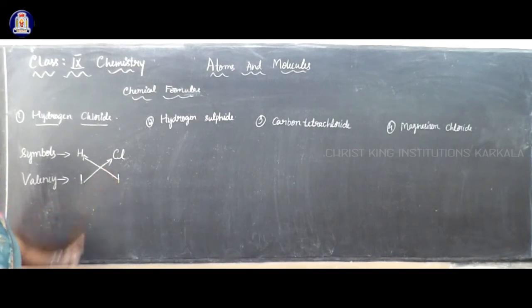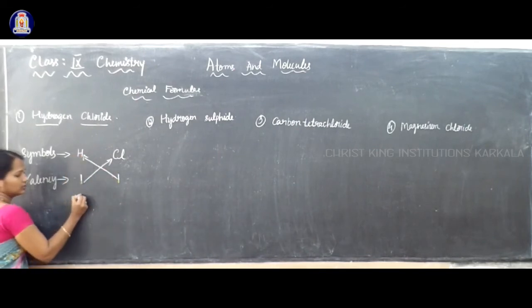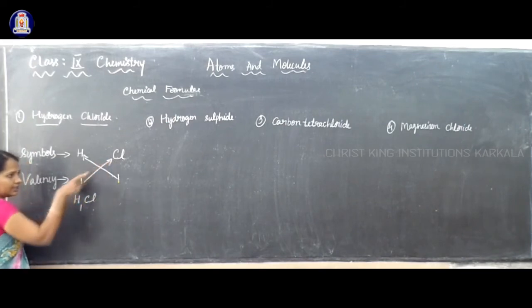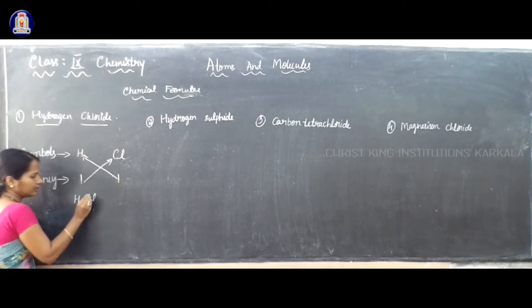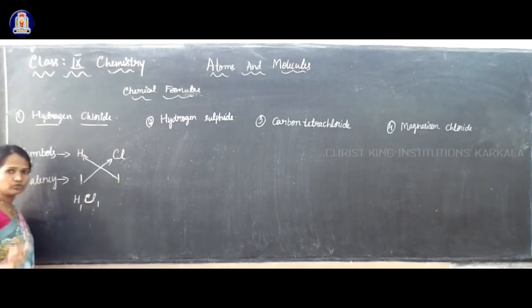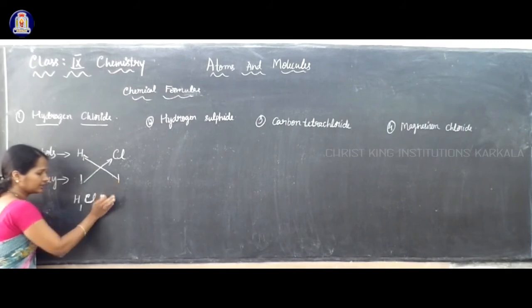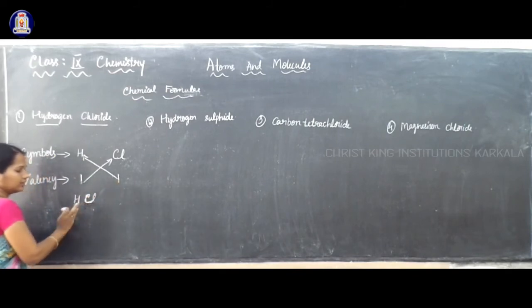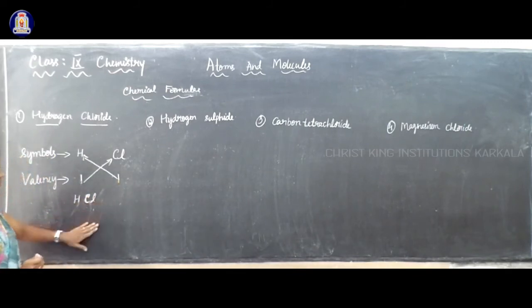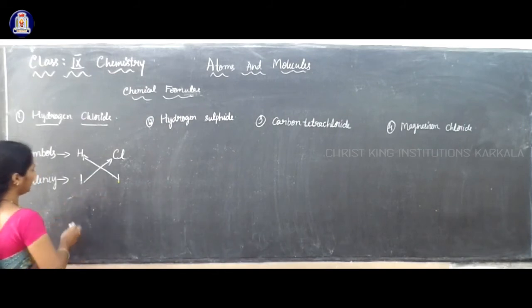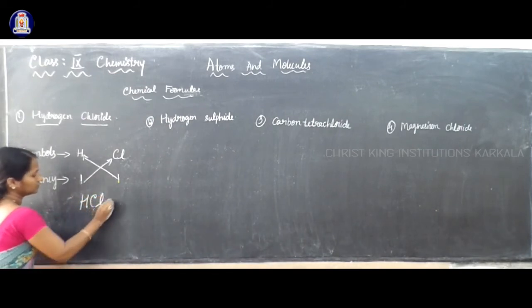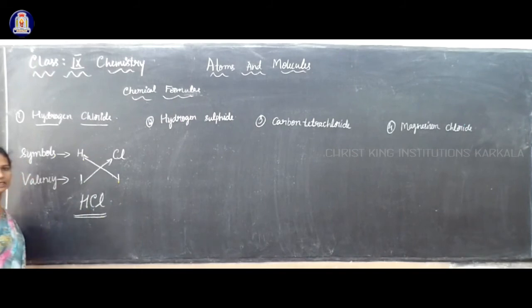So we can represent H1 Cl1, but usually we do not write 1. The formula of hydrogen chloride is HCl.